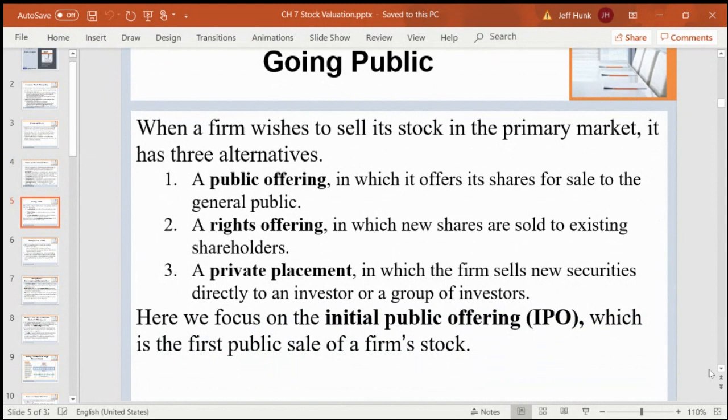And when this IPO, initial public offering, happens, it can be a chance for even tenfold return, right?